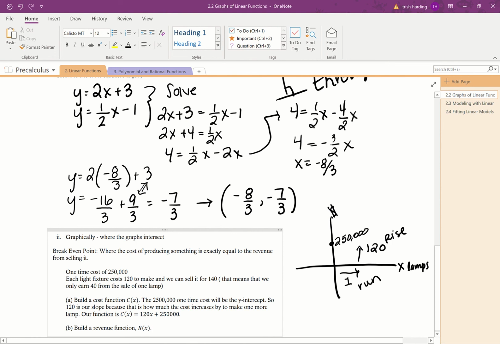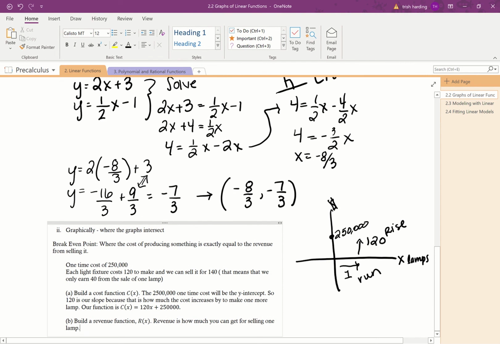Now, your revenue is how much you can get for selling one lamp, pretty much, or you could say for selling x amount of lamps is another way of looking at it.